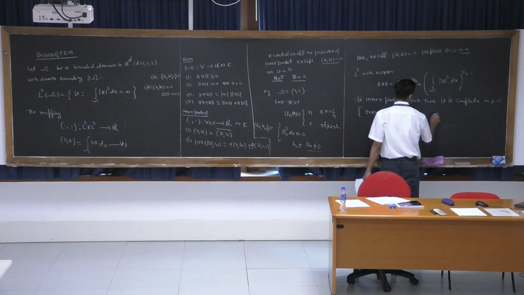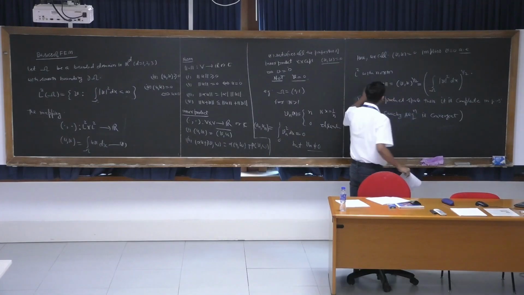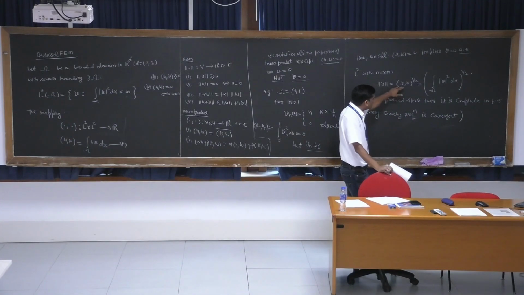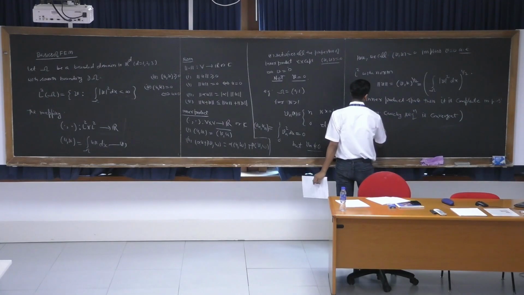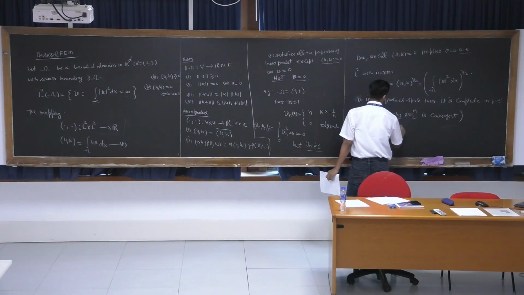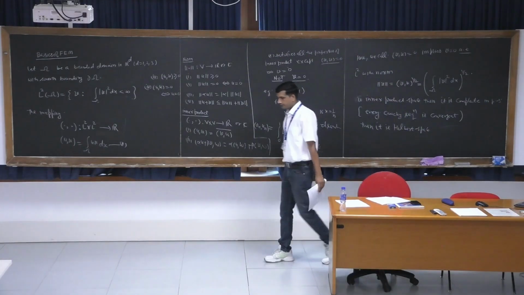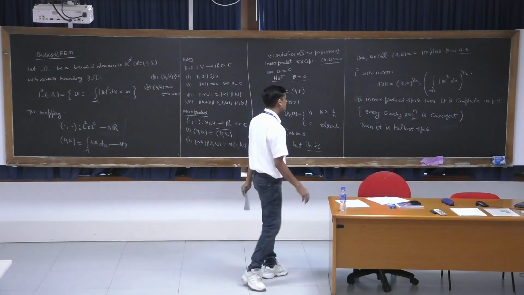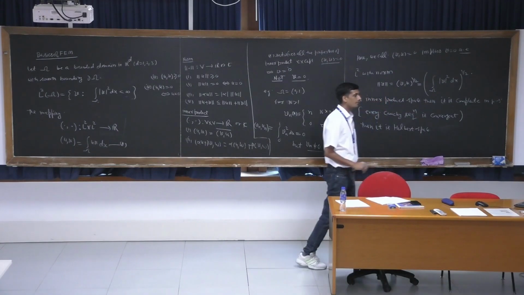Every Cauchy sequence is convergent. With this norm and this inner product, first it is an inner product space, and if it is complete, then it is called a Hilbert space. So if an inner product space is complete, then it becomes a Hilbert space. Similarly, in a normed space, if the normed space is complete, then it becomes a Banach space.